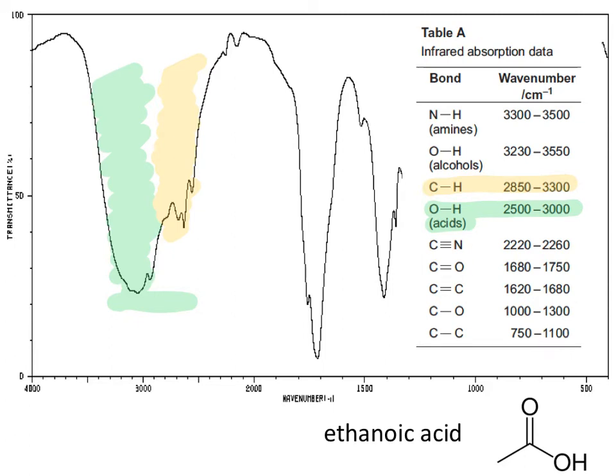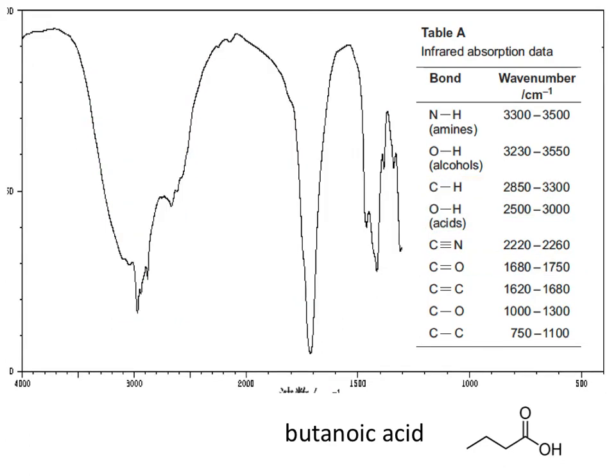Now if it's a carboxylic acid, that means it also has a carbonyl group. So there's the 1680 to 1750 range, and here it is, you'll find that this is typically a very strong absorption, so it normally stands right out. Here's a different carboxylic acid, so there's our region, and there's the OH from our carboxylic acid.